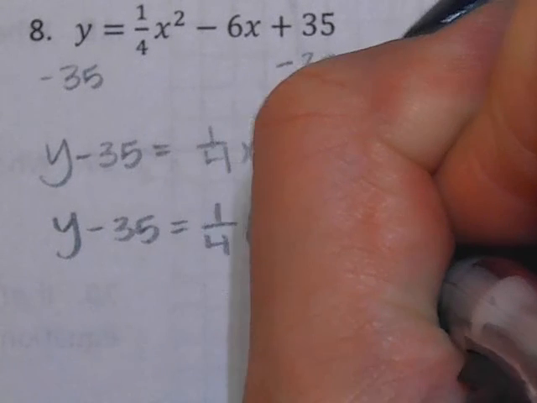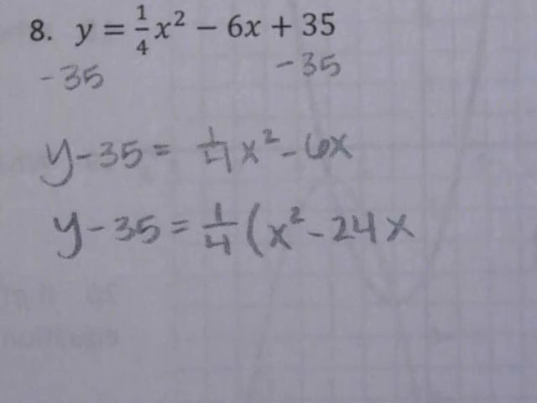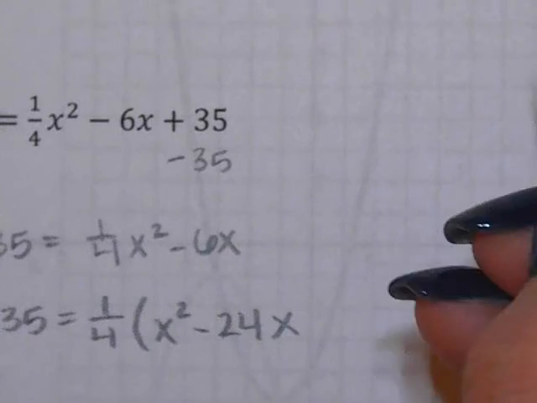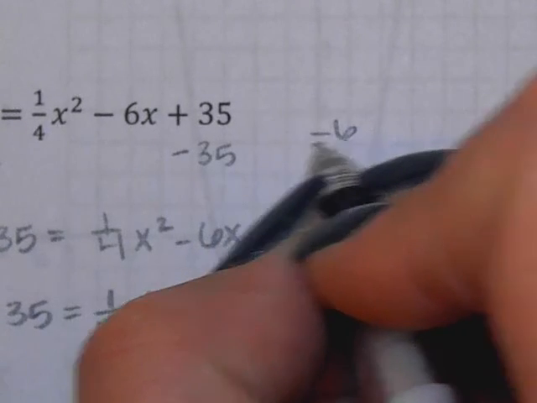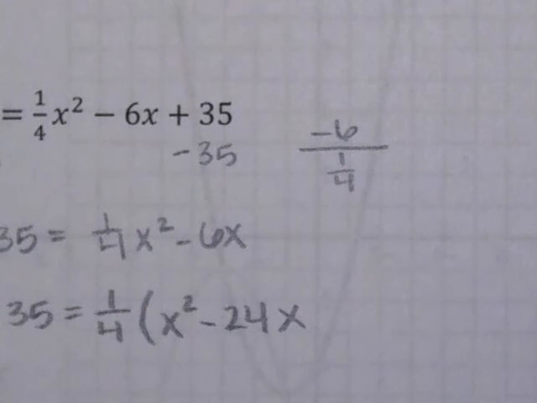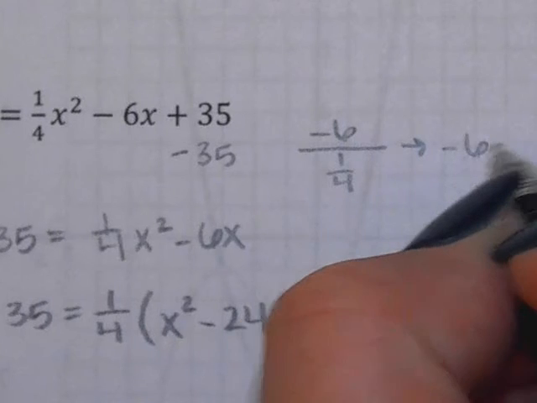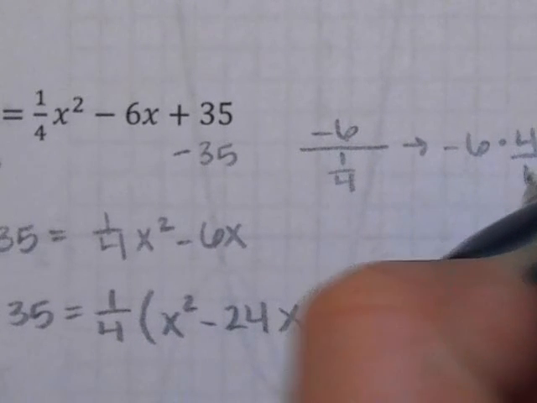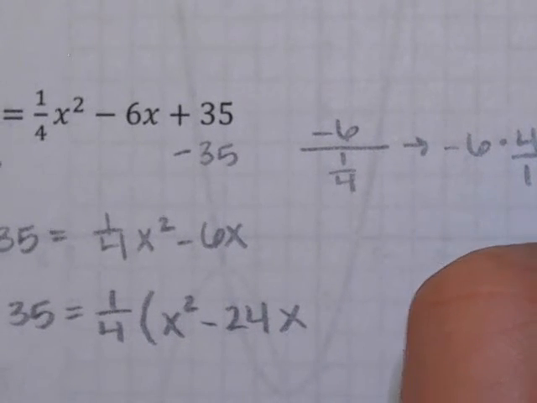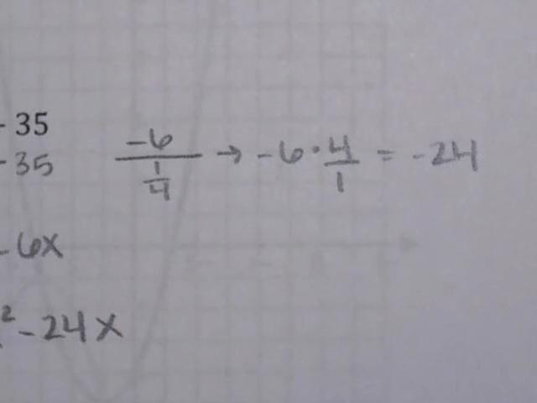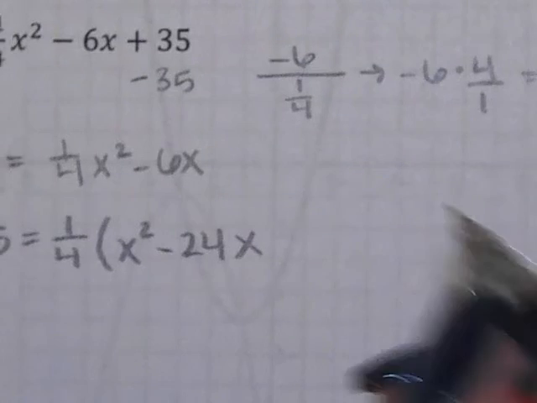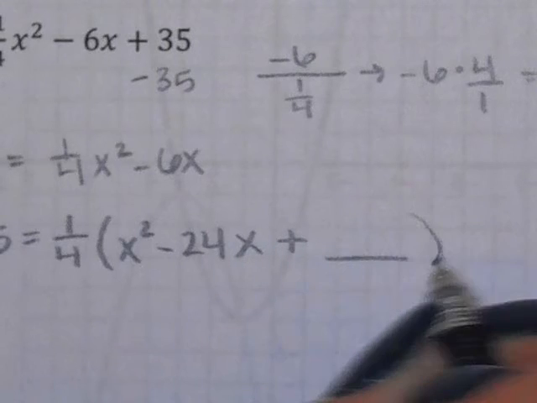Minus 24x. So, if we were to show our work with that, -6 divided by 1/4. Keep it, change it, flip it. -24. Okay, so then I've got plus the blank.